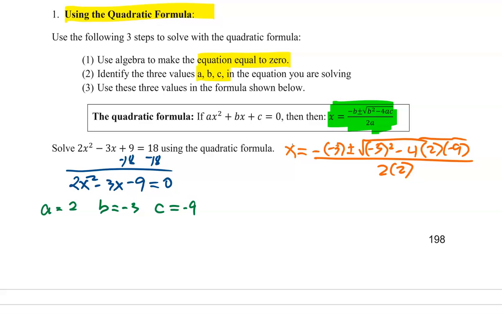Then let's simplify this. Negative negative is positive 3. Negative 3 squared is 9. Negative 4 times 2 times negative 9 is positive 72. All over 2 times 2 is 4.